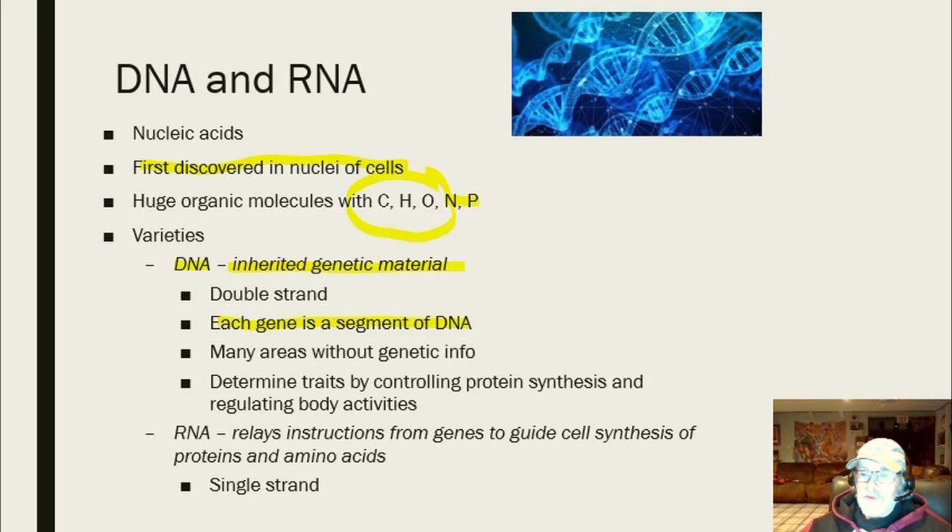And that area that has a specific code for a specific protein would be called a gene. Now, interestingly enough, when they started the genome project where they started to map the chromosomes, what they recognized was there's a lot of material on my chromosomes that actually doesn't mean anything. They're empty. They have a worthless code.